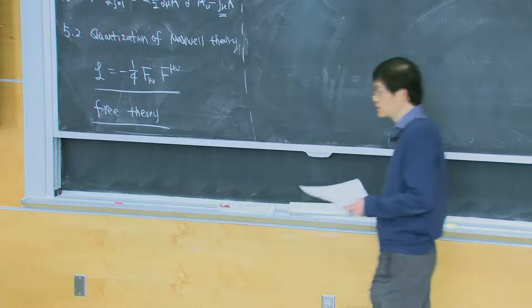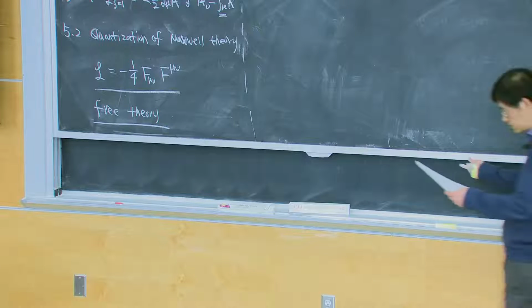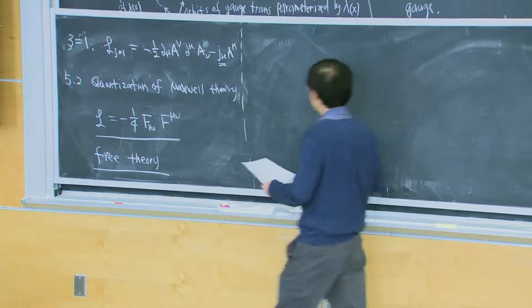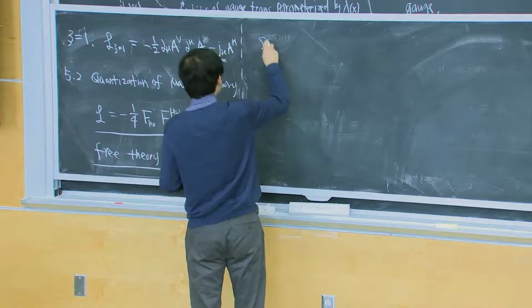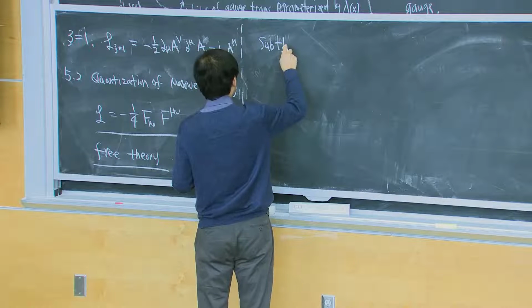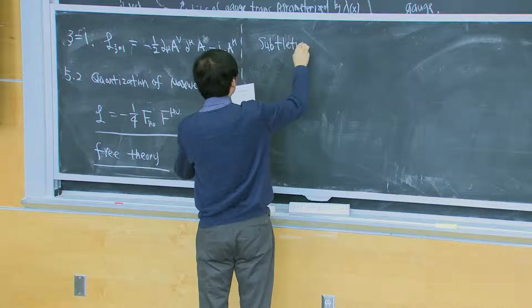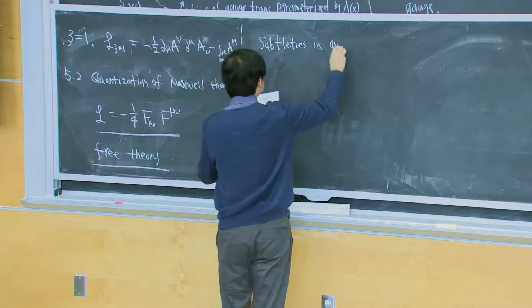In the absence of sources, this is a free theory. But the quantization of this theory is actually very subtle, due to the following reasons. Subtleties in quantization.